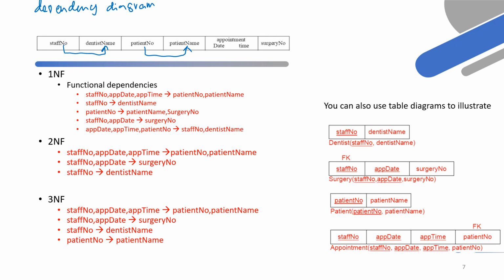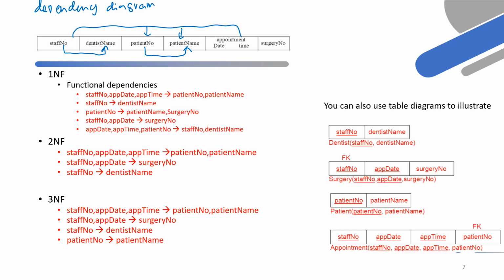appointment date, time cannot be a key in a single situation, nor surgery number. So maybe we need to combine more than one key, for example, staff number and appointment date, time. These two determine the patient number and also the patient name. Then patient number determines patient name and also surgery number.